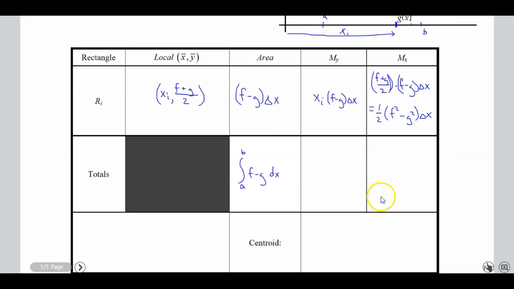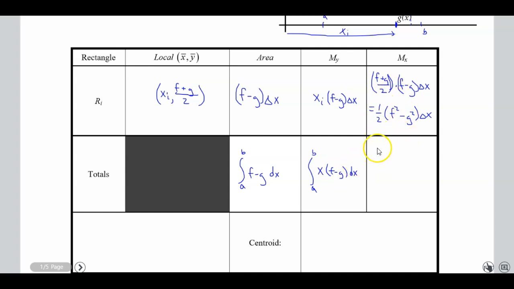Let's go ahead and add up that my. So my is going to be this integral from a to b, same as before, of, and we can think of adding up all these xi. These are just going to be your x values times f minus g, and then again that delta x is now going to be a dx.